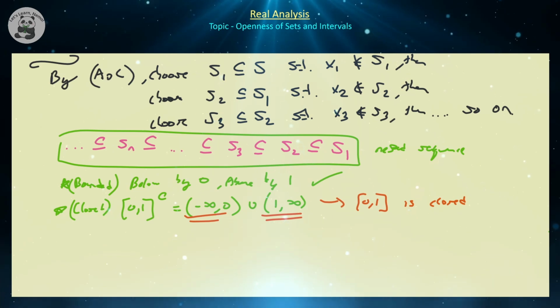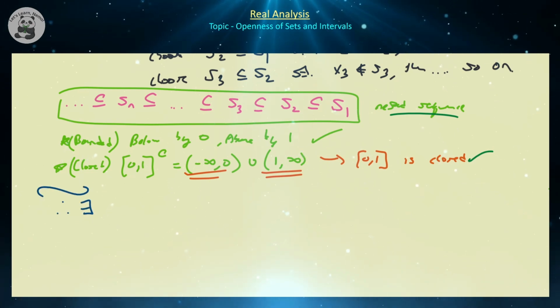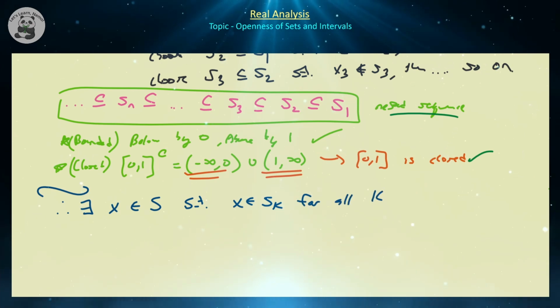So if we have a bounded, closed, nested sequence of real numbers, then what does that mean by the nested interval theorem? That means there exists, not necessarily unique, but there exists an x within S such that x belongs to Sk for all natural numbers k.